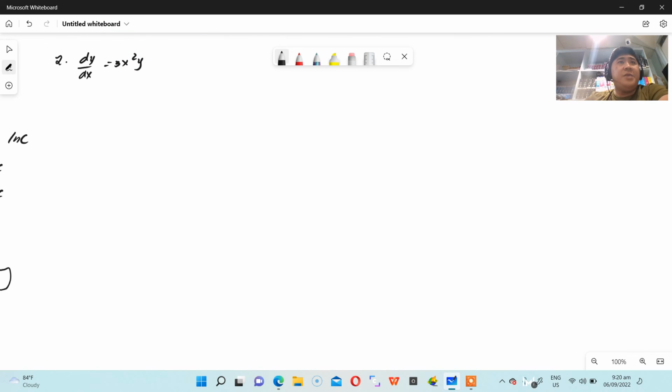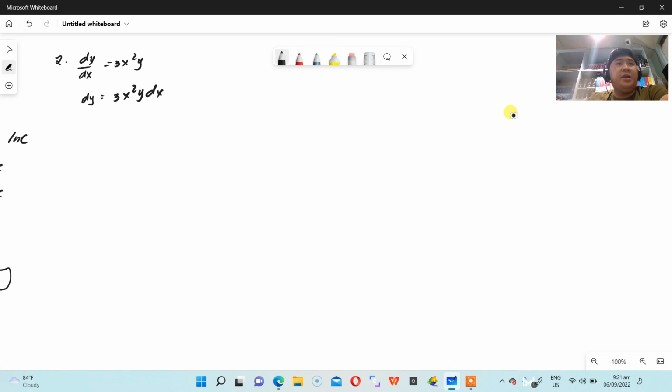Okay. From here, again, the rule of variable separable is to combine and separate those variables that are not the same and combine those that are the same. So from here, you have dy equals 3x squared y dx.